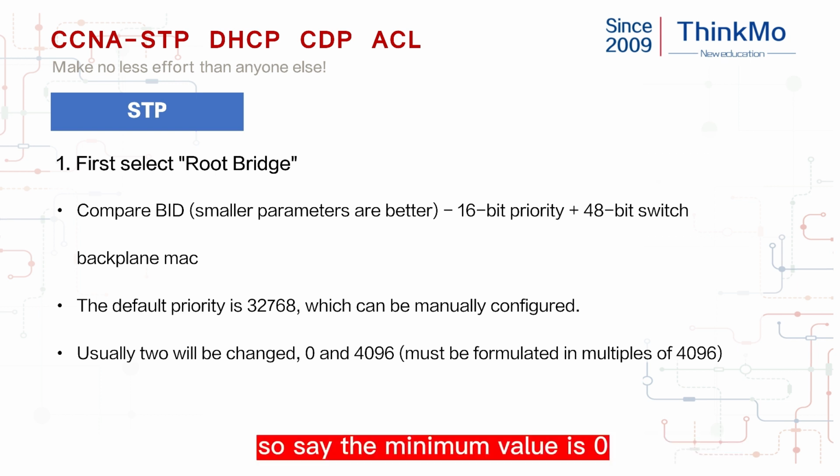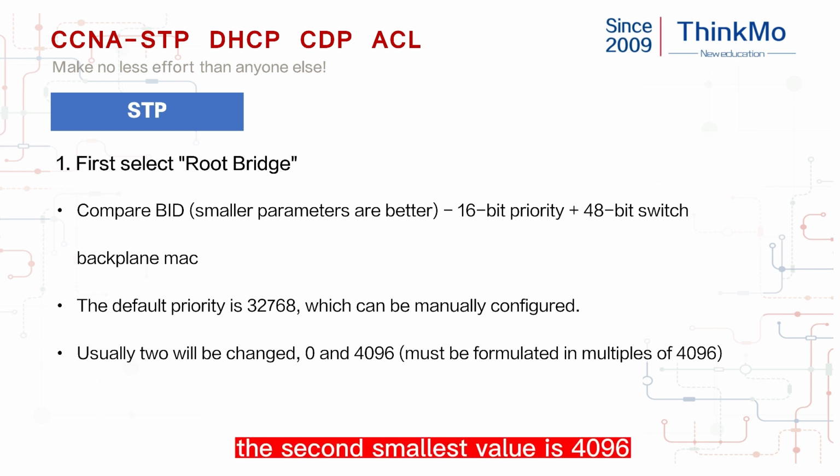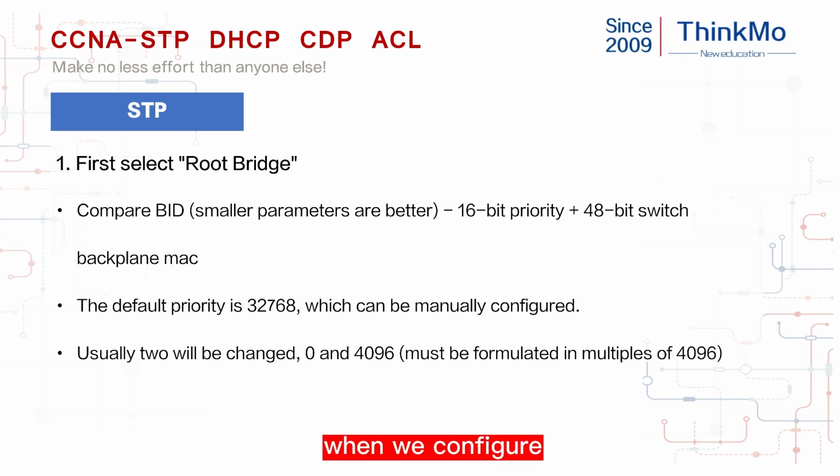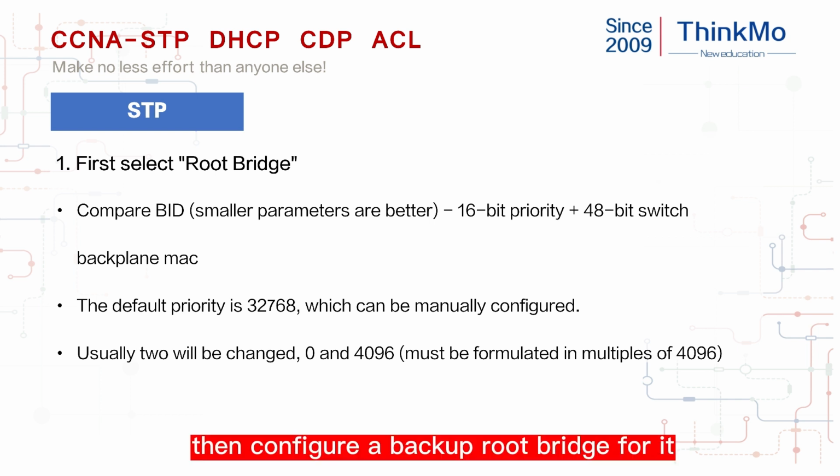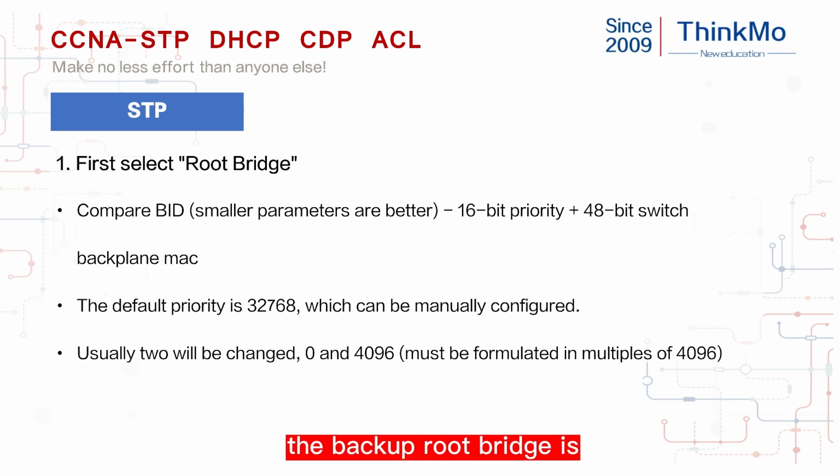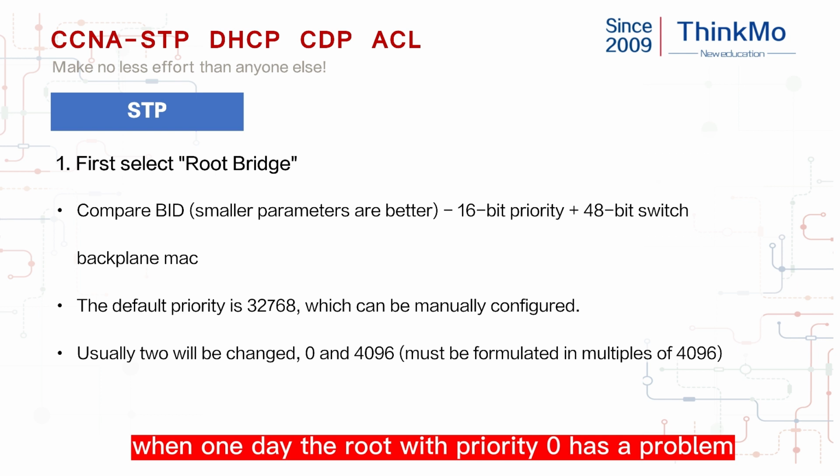So the minimum value is 0, and the second smallest value is 4096. When we configure a root bridge for it, then we configure a backup root bridge for it. The backup root bridge is for when one day the root with priority 0 has a problem.